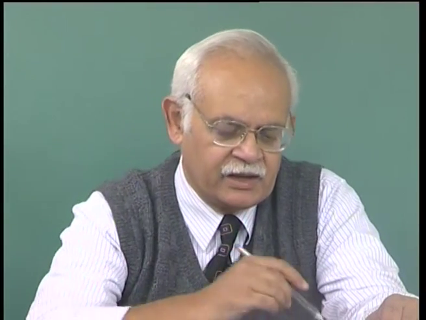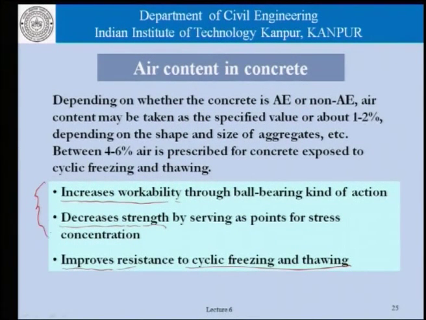So, basically there are these three things which we must keep in mind when we are talking of air entrainment in concrete. As far as an interplay between these two is concerned, it will not be very fair to say that air entrainment decreases the strength, though I have said here that air content decreases the strength.